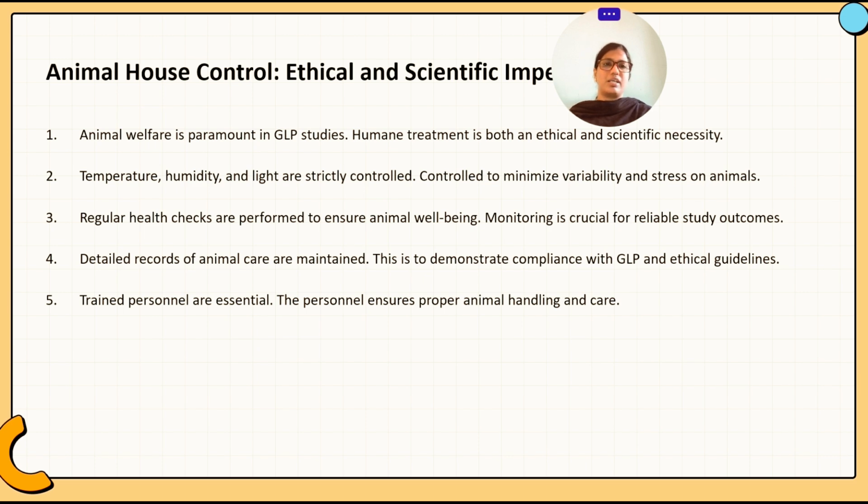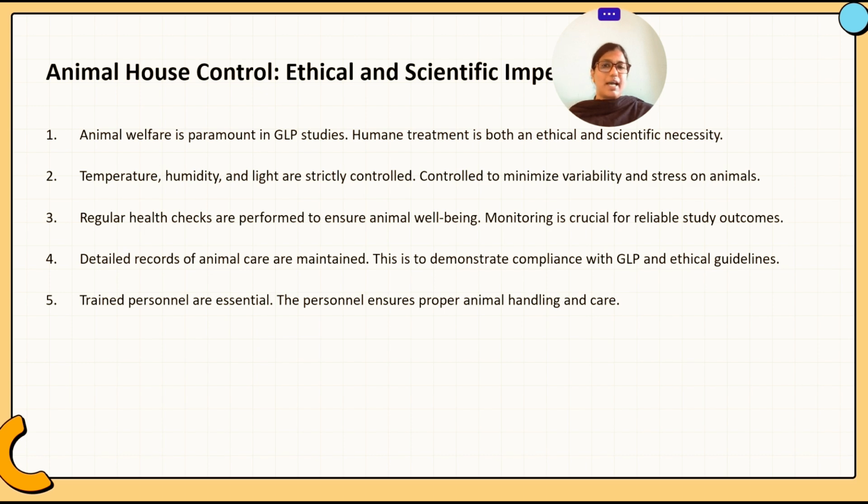When maintaining the animal house, temperature, humidity and light are strictly controlled. These controlled variables depend upon the types of animals we have in the animal house and their stress. Regular health checkups are performed for animal well-being. Monitoring the animals at regular intervals is very essential, and it will also help us get a clear outcome of the study.